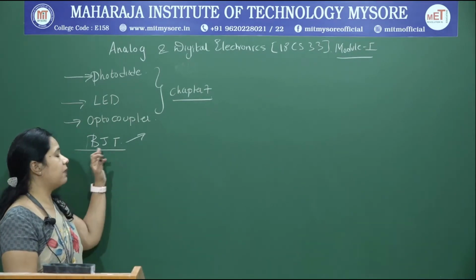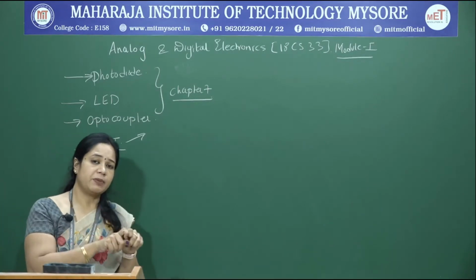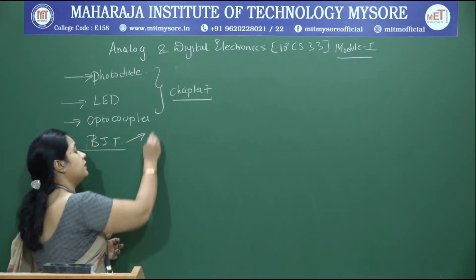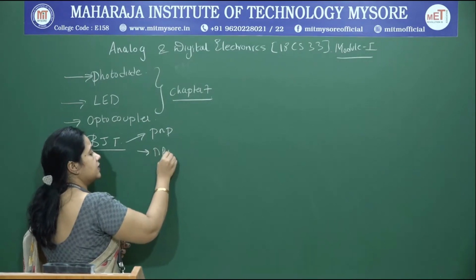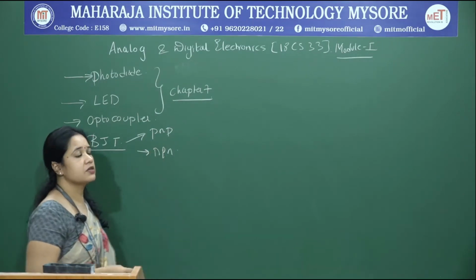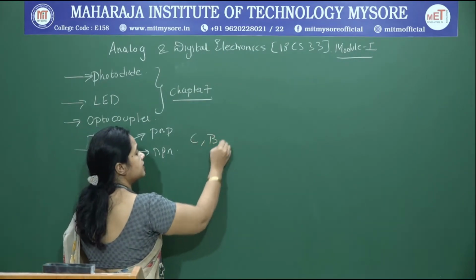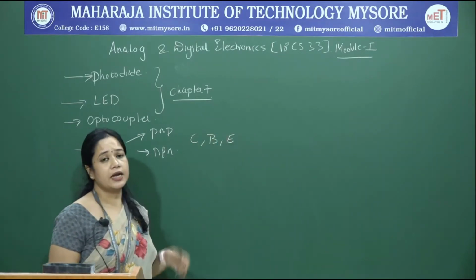A bipolar junction transistor is formed by sandwiching one type of semiconductor between opposite type of semiconductors, and accordingly we have a PNP transistor and an NPN transistor. It is a 3 terminal semiconductor device wherein the 3 terminals are called collector, base and emitter. So, we have a collector junction, a base junction and an emitter junction.